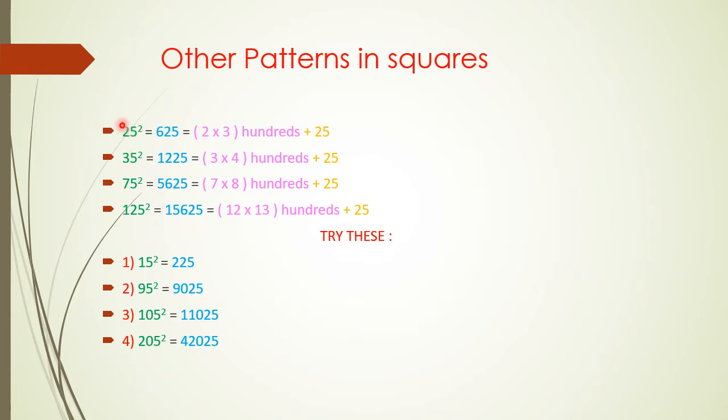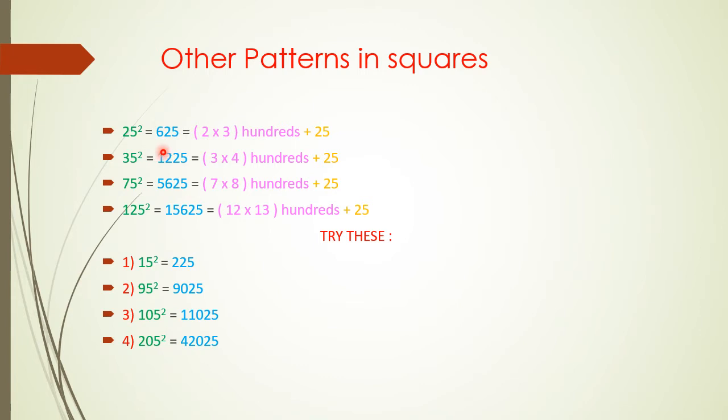We have 5 in the units place. So in the squares, see these are the squares, and in the squares what is common? We see 25, 25, 25, 25. Okay, we get 25 common. So if a number ends with 5 in the units place, then in the square we have 25. Okay, that is the clue we get from this pattern.